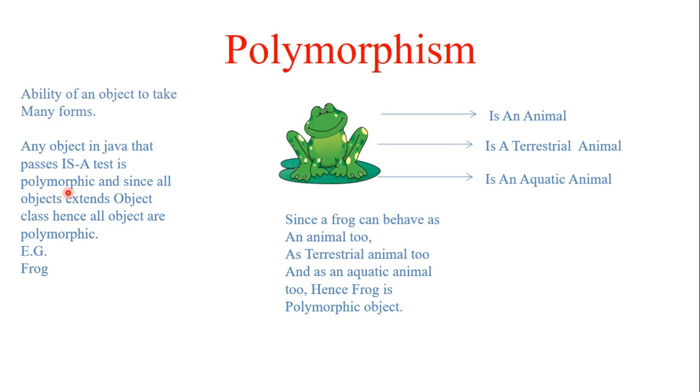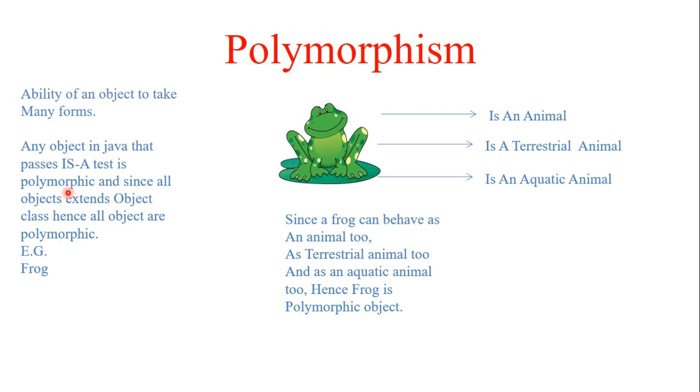Hence, every object which is actually indirectly extending the Object class becomes a polymorphic object. So it's very important from an interview perspective. Remember this: whenever an interviewer asks you how you can make an object polymorphic, just say that you can make that object extend some class and it automatically becomes polymorphic. But since every object extends the Object class, all objects you create in Java are by default polymorphic.